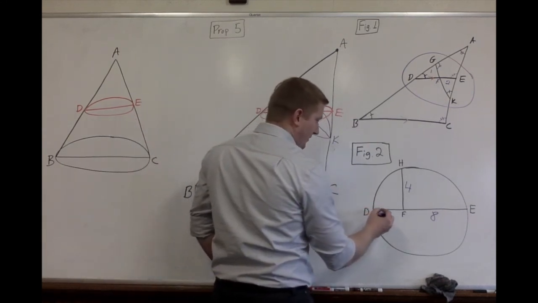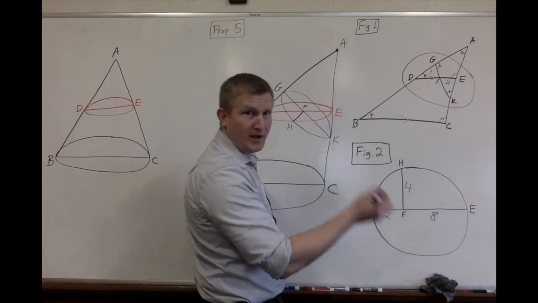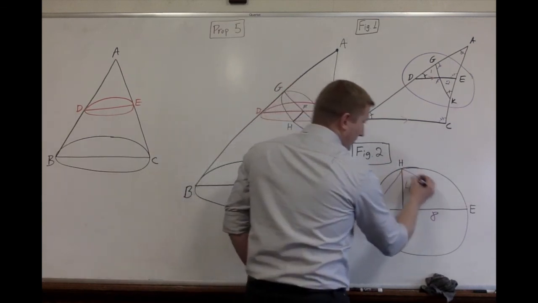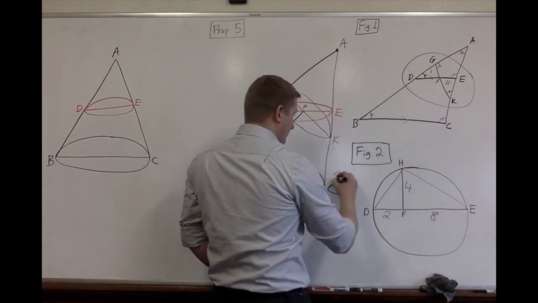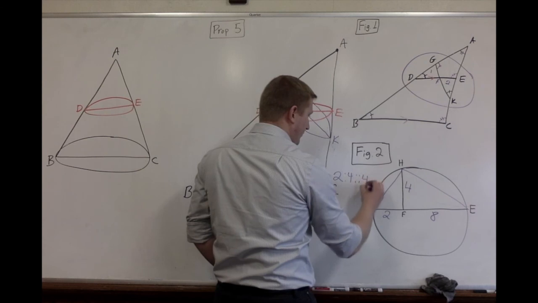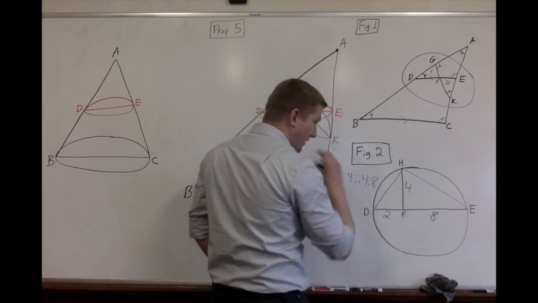Another way to think about it is, and again, the way this is proved is through a lot of similarity of triangles, but we would essentially show that 2 is to 4 in the same ratio as 4 is to 8.